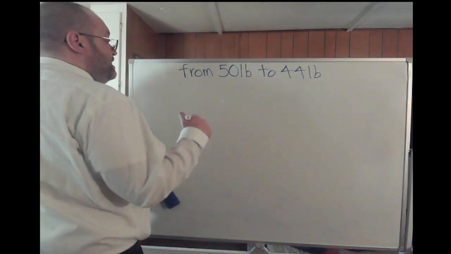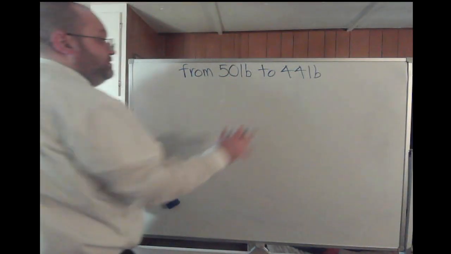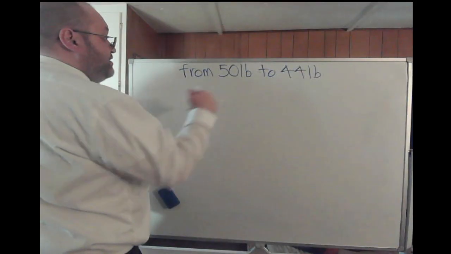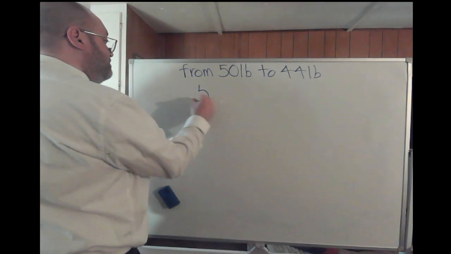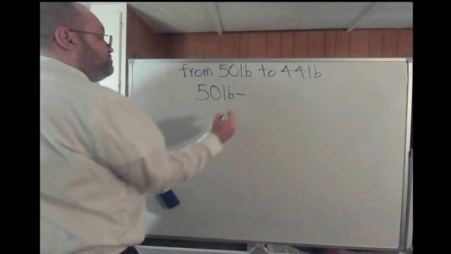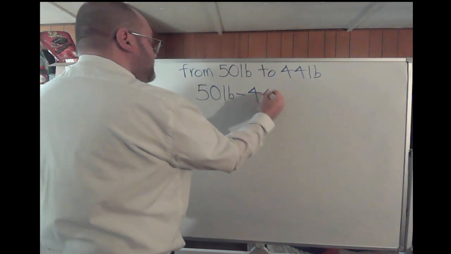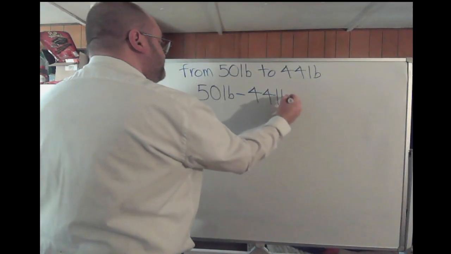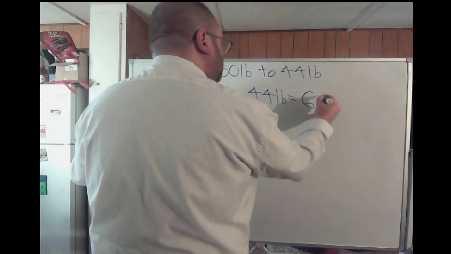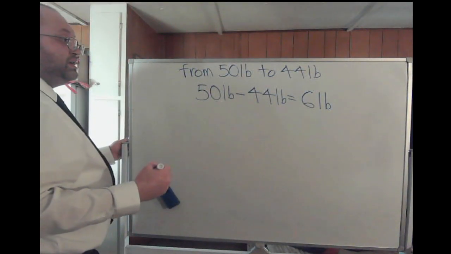But let's say this bag of dog food went from 50 pounds to 44 pounds. Since it's a decrease, you take the original 50 pounds and subtract the new amount, the 44 pounds. So 50 minus 44 is 6, a difference of 6 pounds.